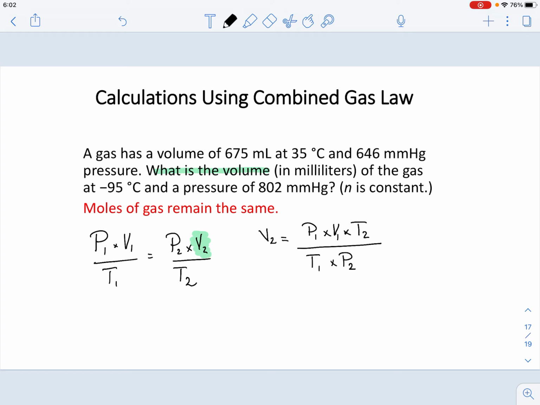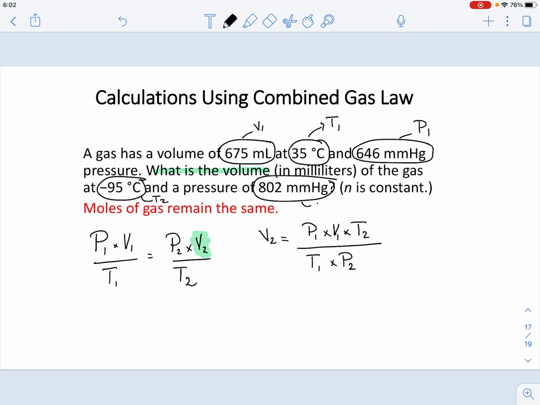That's how we solve for it. Make sure that you practice your algebra. Now let's state the values given. So as you can see, here we have our V1. Here we have our T1. Here we have our P1. Here we have our T2. Here we have our P2.